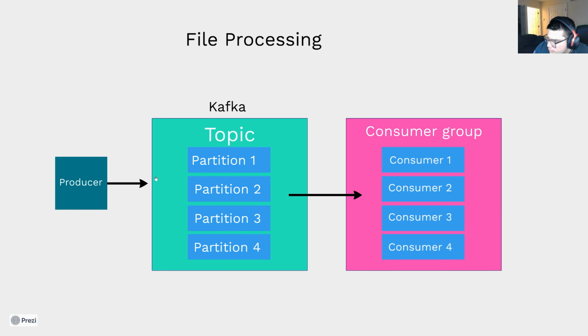So we want to send each record to a different partition each time. That way, these partitions would be distributed among all of our 4 consumers. Let's take a look at how we could implement that.